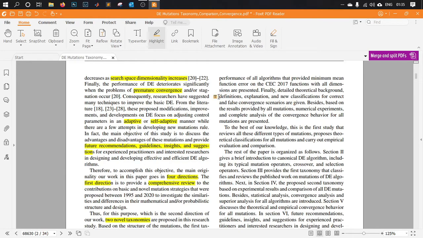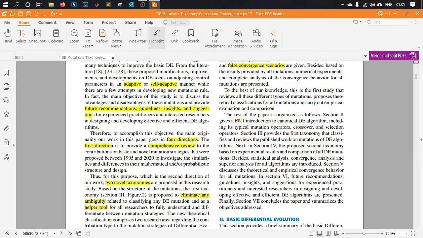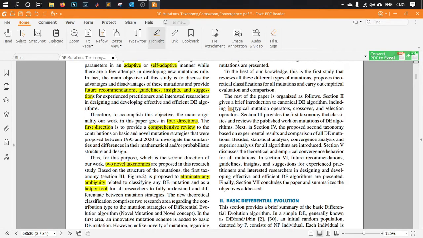Finally, this provides a detailed explanation, and a new classification for false convergence scenarios is also given. Okay, so here they have given a structure. Section 2 gives the introduction.